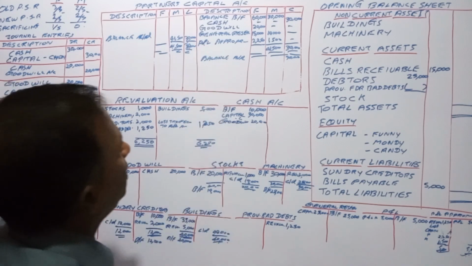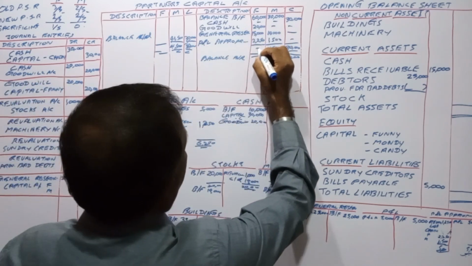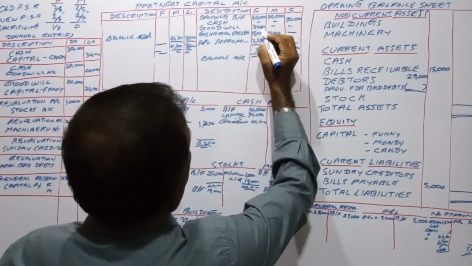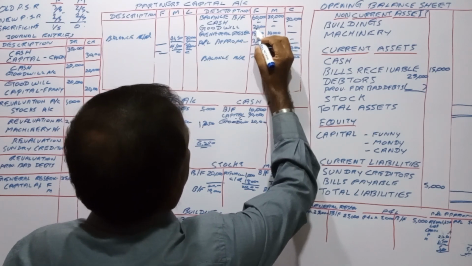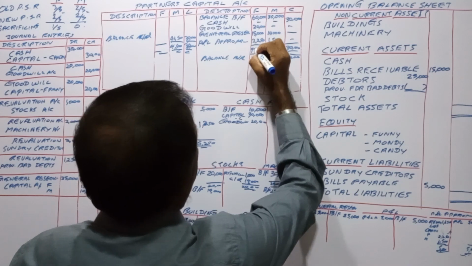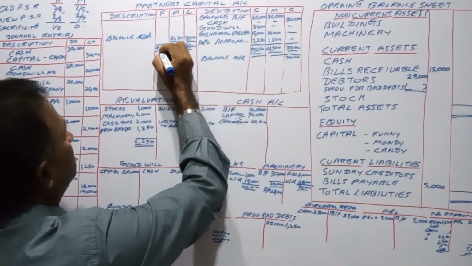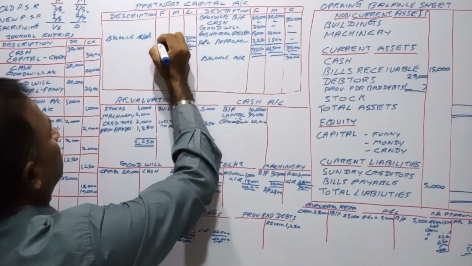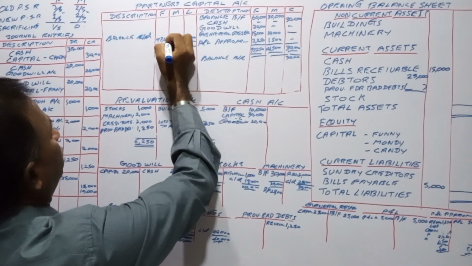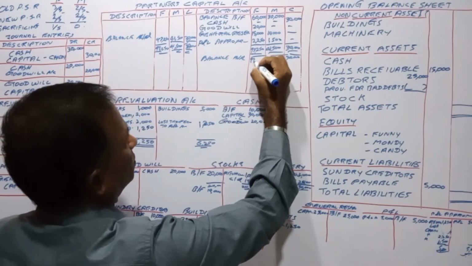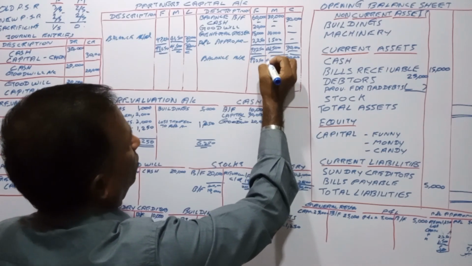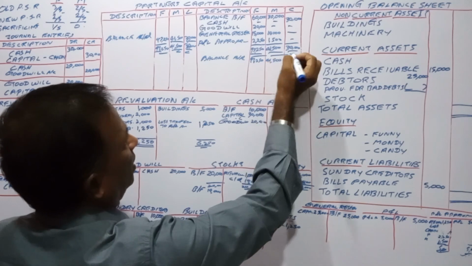Right? Here 17,250 and 97,250. Right? Here 97,250 and 41,500 and 30,000.